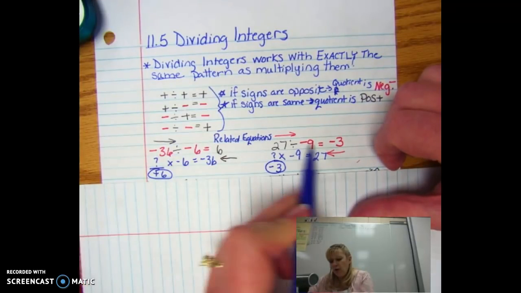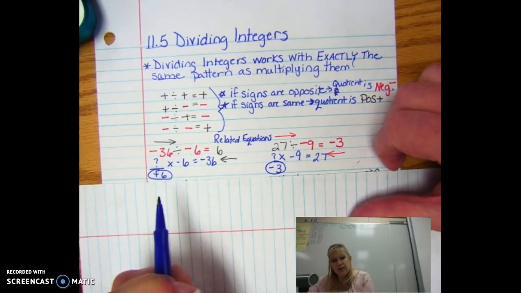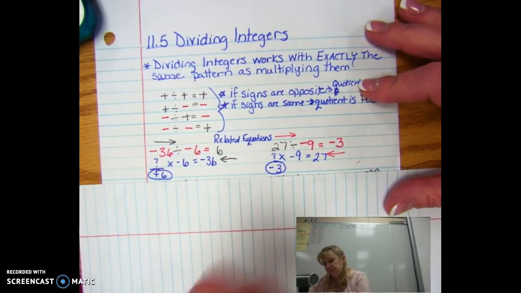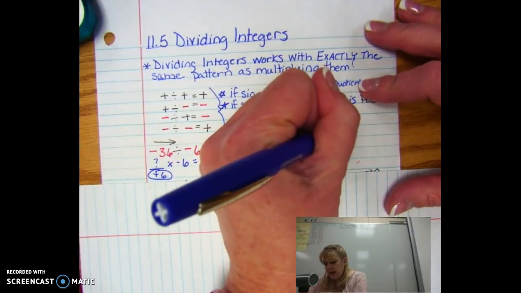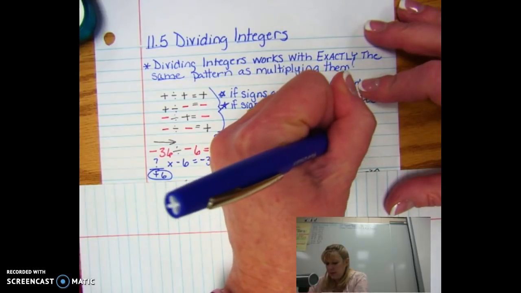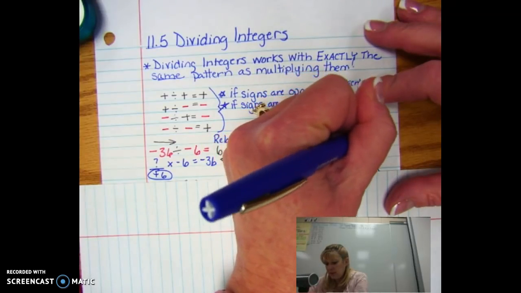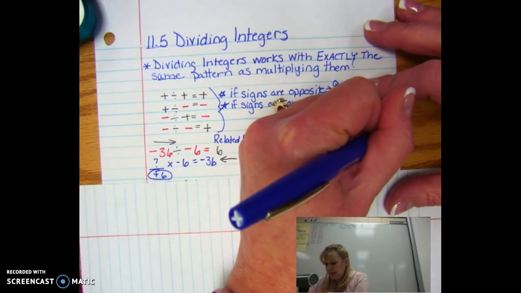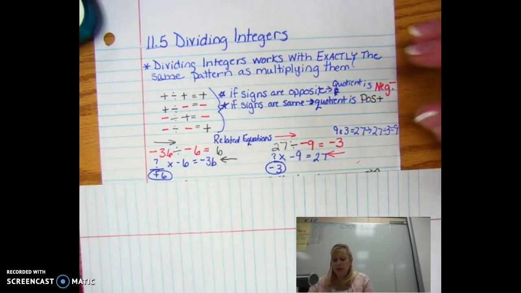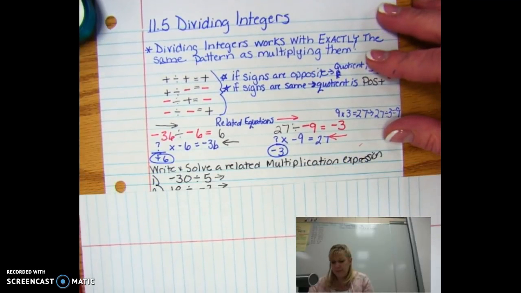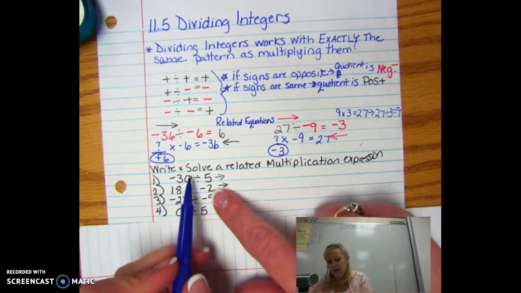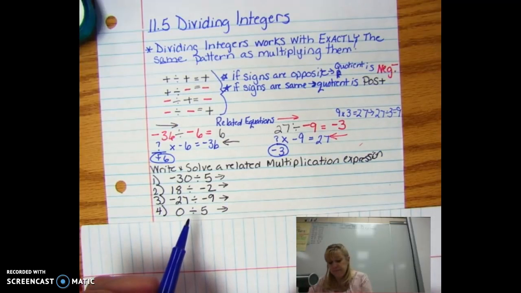I showed you the whole equation so you can just see that just like in regular multiplication and division, it works the same. If we did 9 times 3 equals 27, the related expression is 27 divided by 3 equals 9. Those are related expressions. So we're going to write a related expression and then solve all of these.